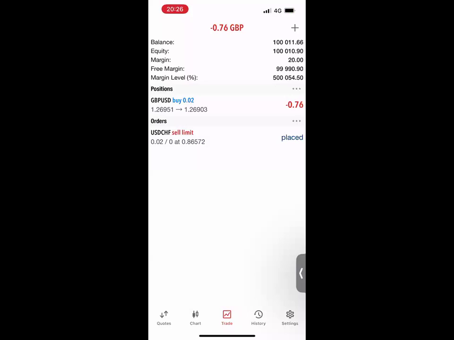Now, for some of us, we know that we took this GBP USD late, right? Guys, they gave a price, but we did not sell at that price because we saw the idea late, right? So we sold at, can you see the first number under the GBP USD by 0.02?